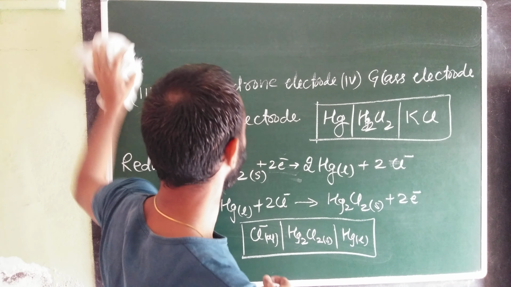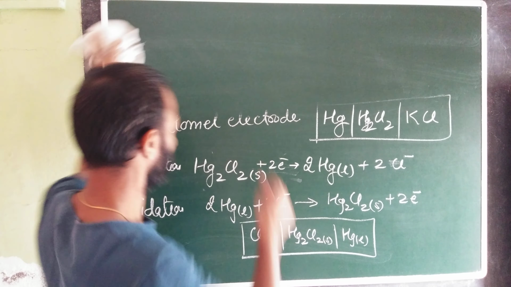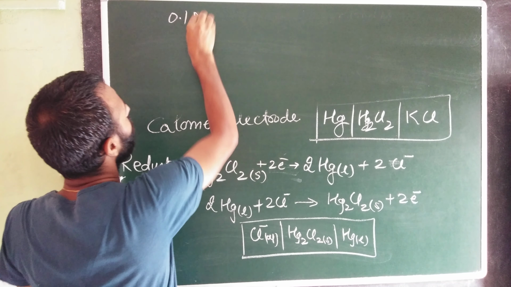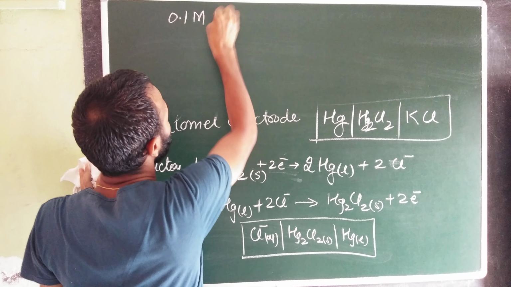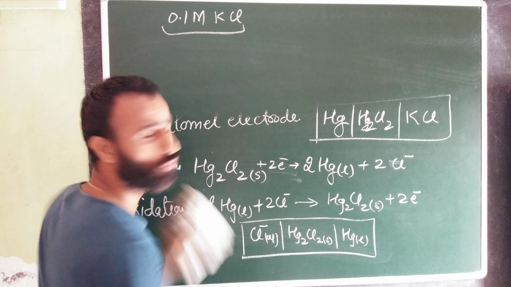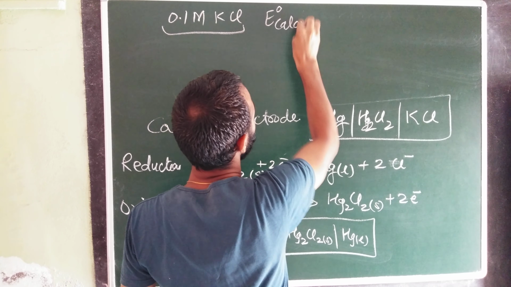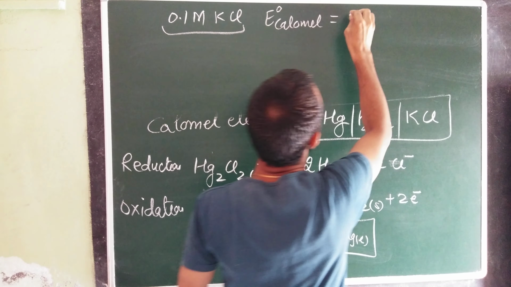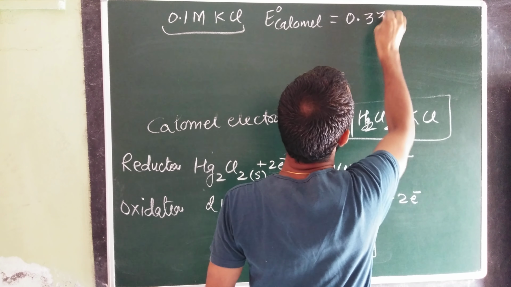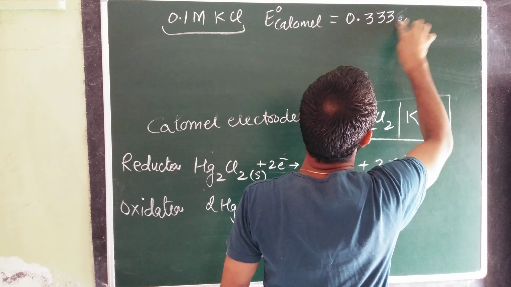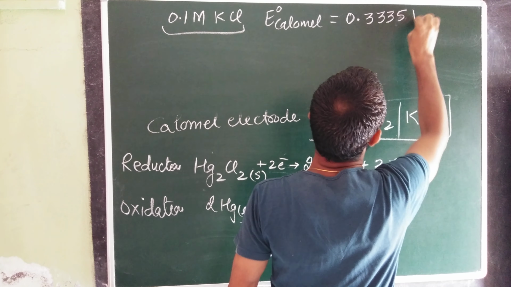First is 0.1 molar KCl. If we use 0.1 molar KCl, then its E naught value is 0.3335 volt.